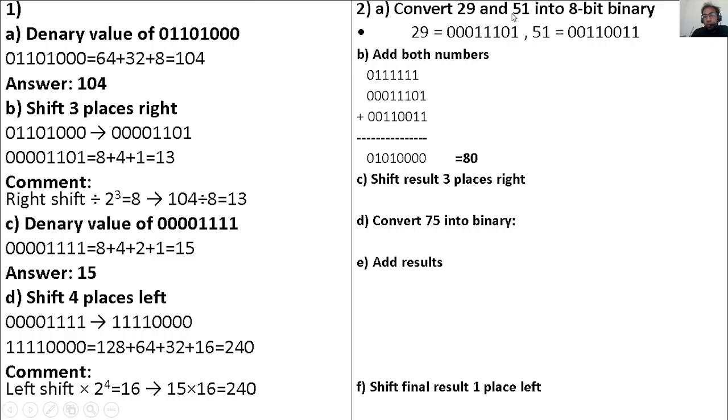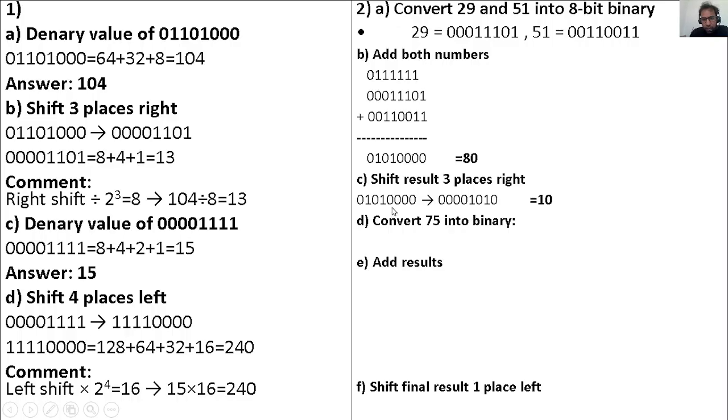And this is another number, convert 29 and 51. We have already studied how to convert these numbers, and after the conversion you can add them. Shift the result 3 places right. Now when we shift this result 3 places right, the 101 will move 1 place, 2 places, and 3 places.